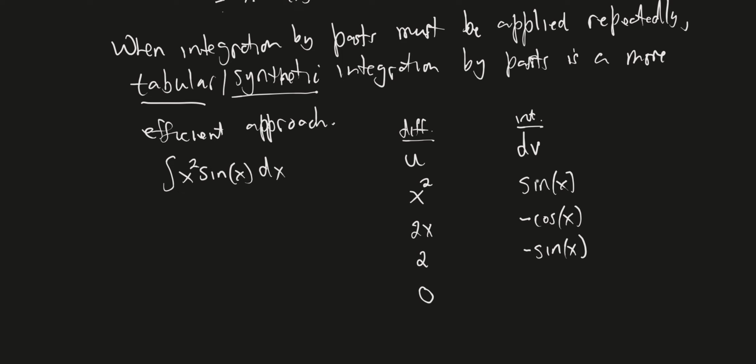And then what we do to balance the table, we integrate just as many times. So let's go ahead and integrate one more time. And the antiderivative of the sine of x is cosine of x, right? So what do we do with this information? Well, remember, every time you do a uv, you do a product down to the right.